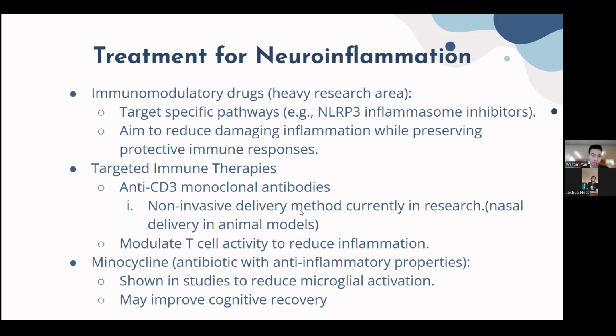Okay, and moving on, these are some newer or alternative drugs that people are doing heavy research on. One of them is target-specific pathways. An example of that is the NLRP3 inflammasome inhibitors. There are certain pathways that make the microglia activated, but there are also pathways especially designed to make them overactivated.